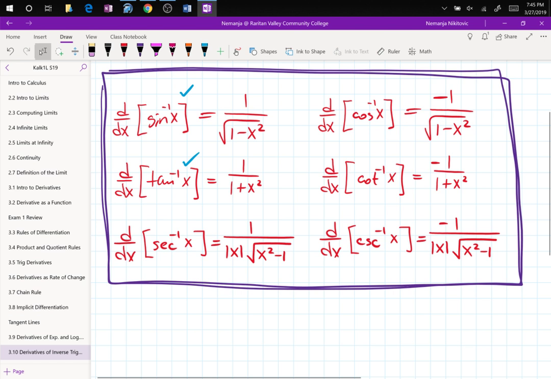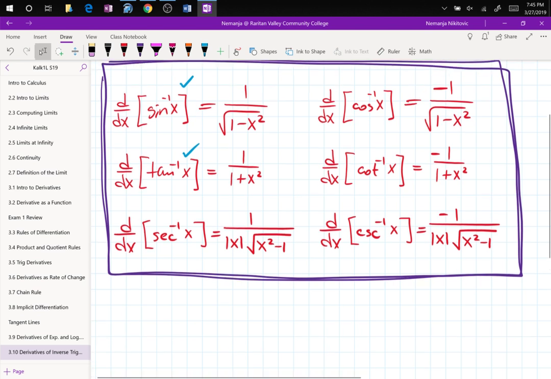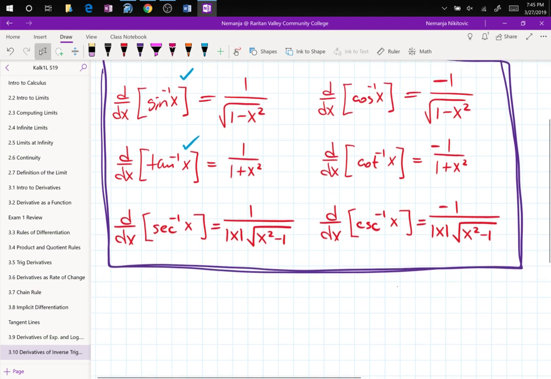So most of the time you're actually going to have a chain rule which modifies these formulas, and that is the key to learn: which way to modify the formula, because most of the time we are going to stare at the derivative of sine inverse of some function, not just basic vanilla x.